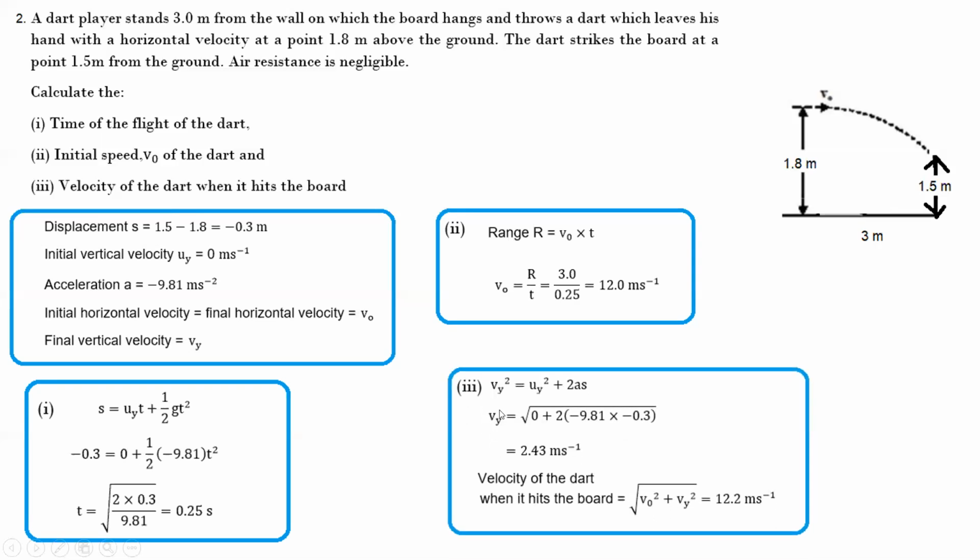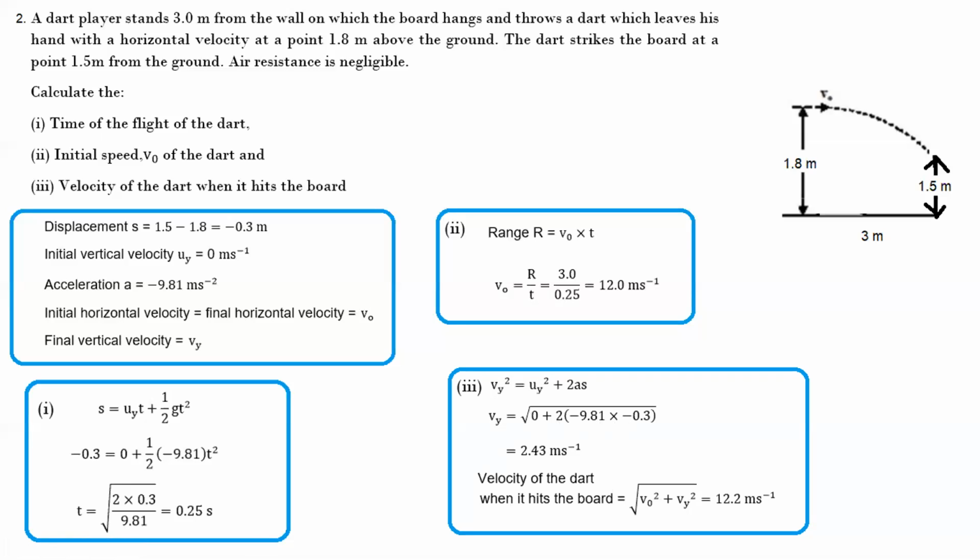Here first I'm finding the final vertical velocity using the formula v square is equal to u square plus 2as. So initial vertical velocity is 0. 2 into minus 9.81 into my displacement, which is minus 0.3. Once I take the root, my final vertical velocity becomes 2.43 meter per second.